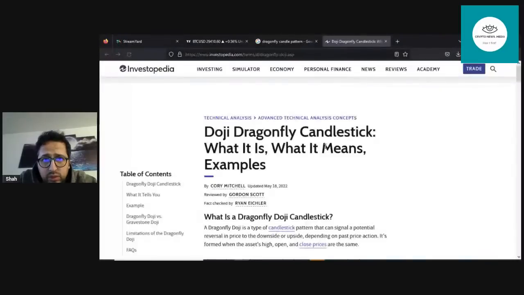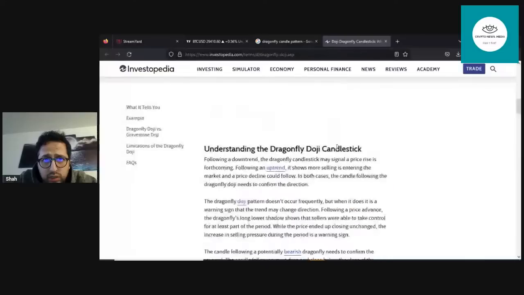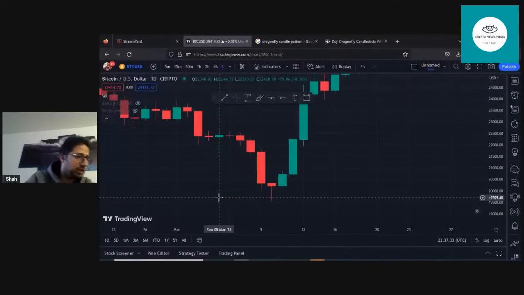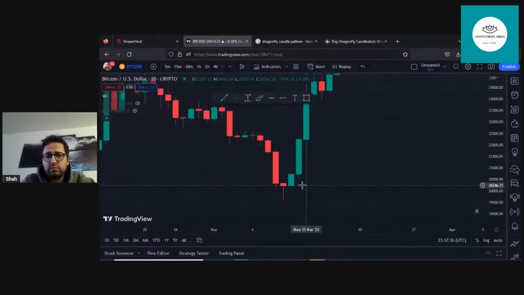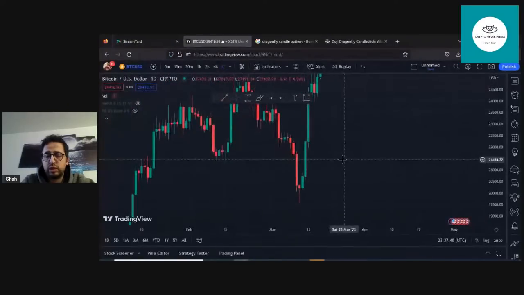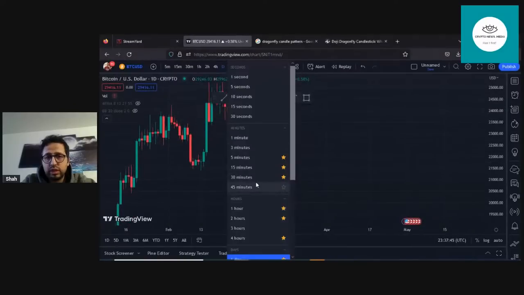Anyway, when it appears in a downtrend, it's a signal of a reversal, and this is considered to be a strong signal. And the bigger the time frame, the stronger the signal is.